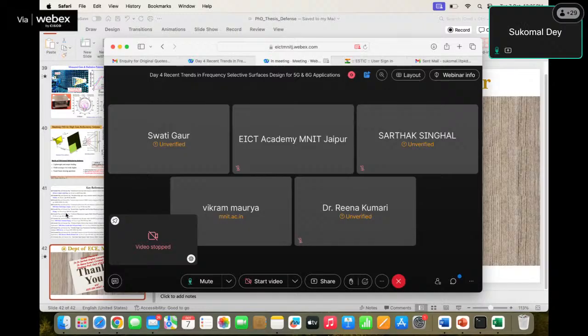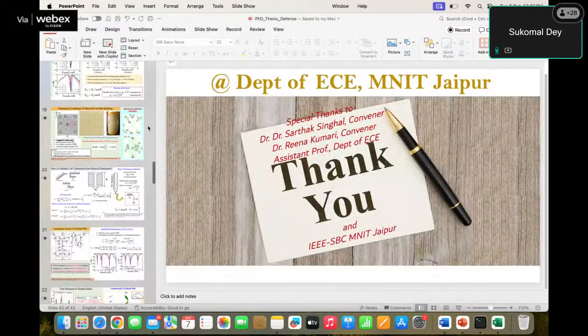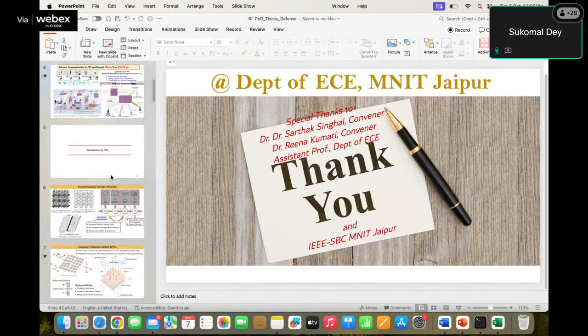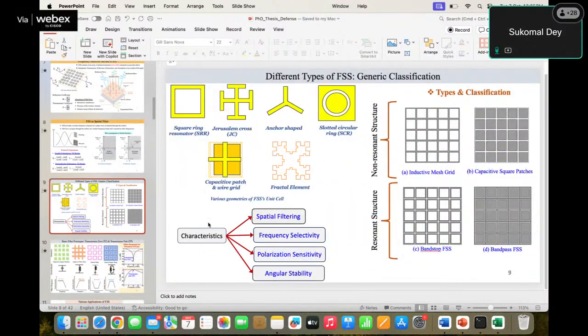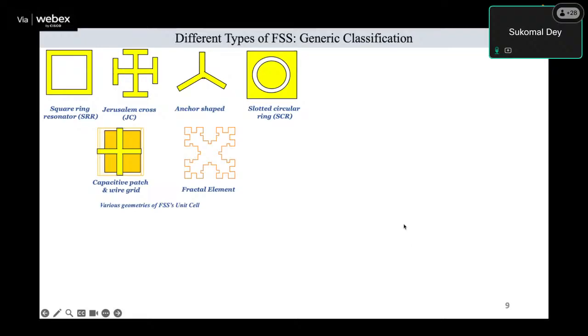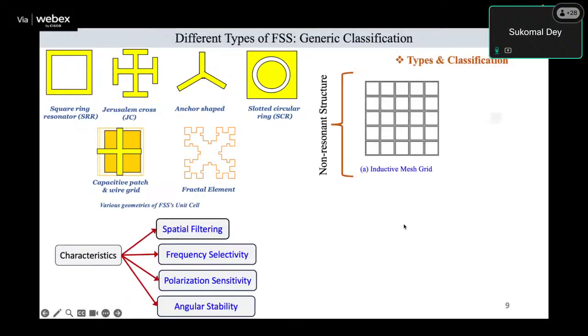See, first of all, why do you want to have a gap between two unit cells? Sir, I have seen papers. See, let us come to the very basic understanding of the FSS.